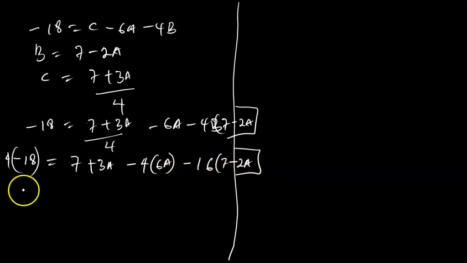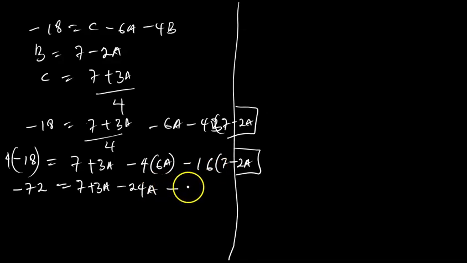So 4 times 18, that's minus 72. 7 plus 3a minus 4 times 6, that's minus 24a. Minus 16 times 7, that's minus 112. And minus 16 times minus 2 becomes plus 32a.